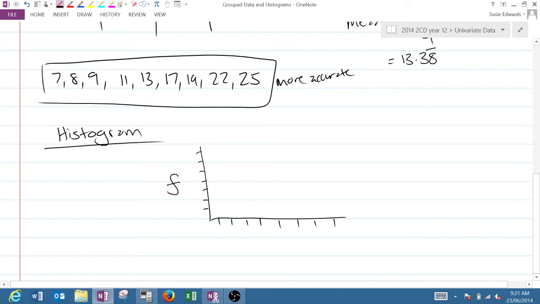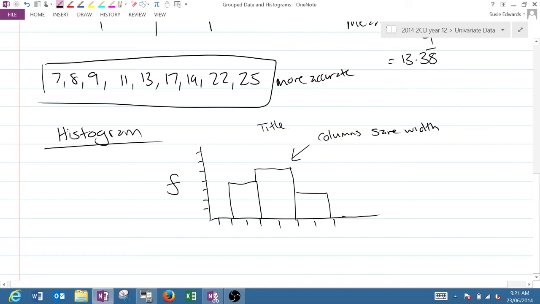Now there's a heap of rules to do with histograms. You need to have columns which are the same width. Can you write this down, please? Columns, same width. This might be worth like 4 or 5 marks in the exam. You need to have a title.